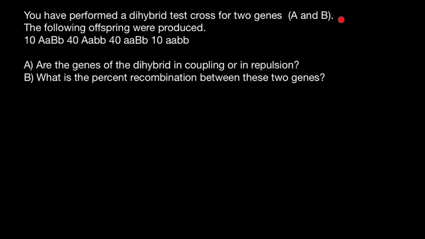And the closer genes A and B are to each other, the smaller the number of recombinants. So this genotype and this genotype stand for the recombinants.